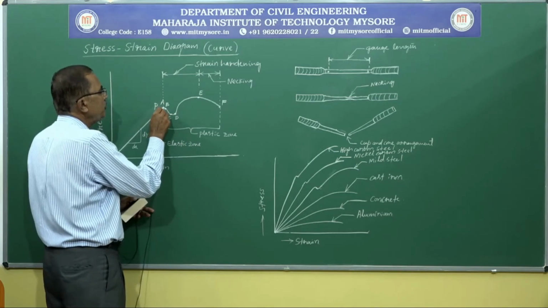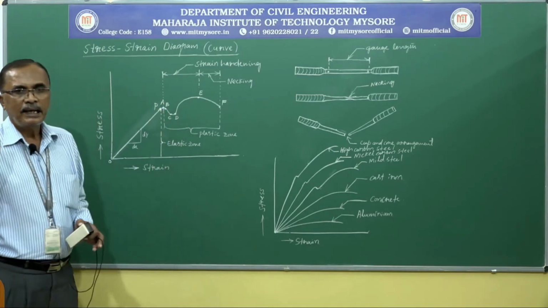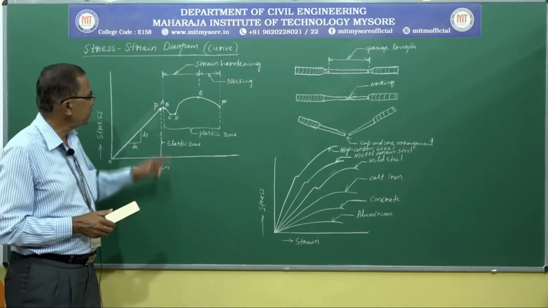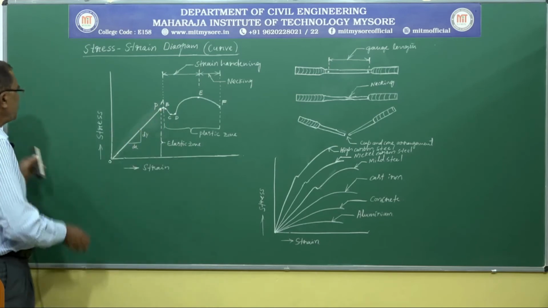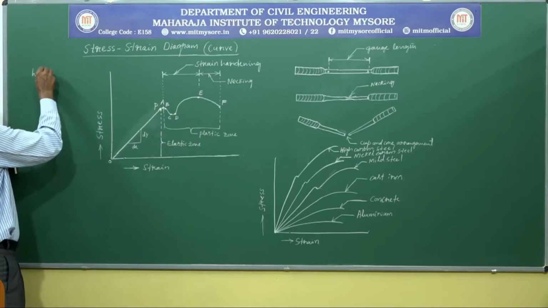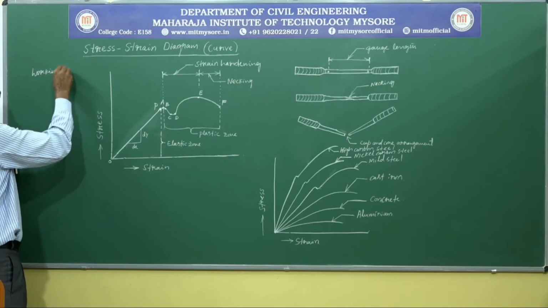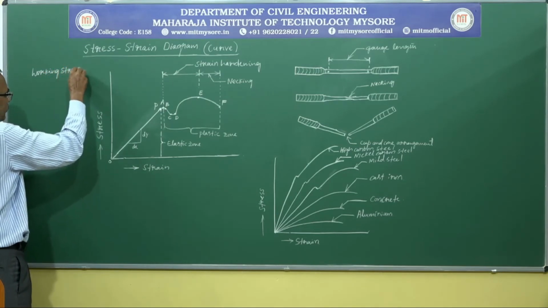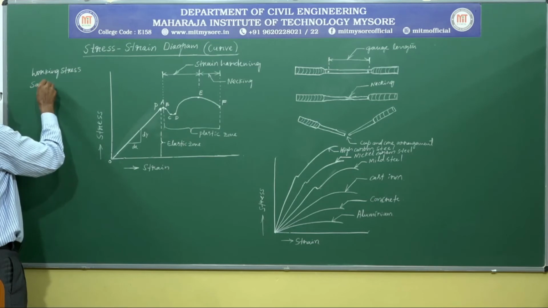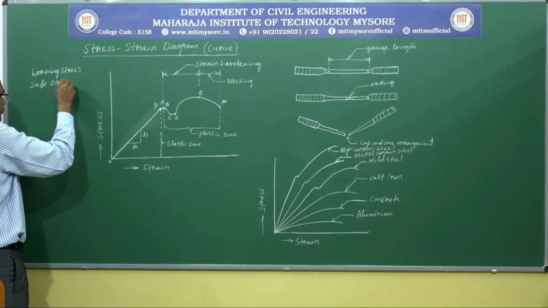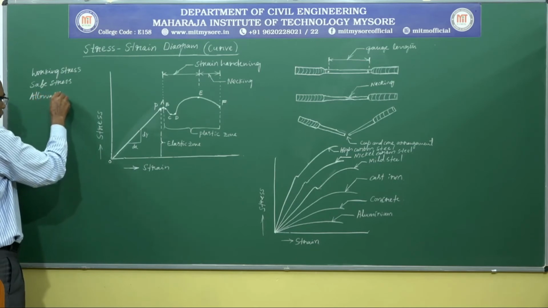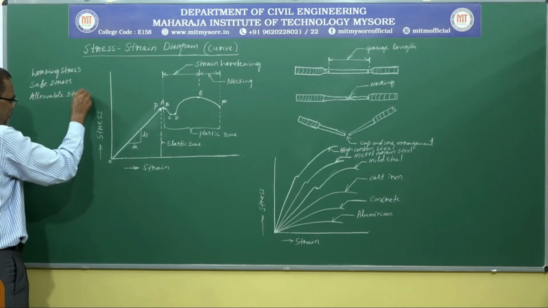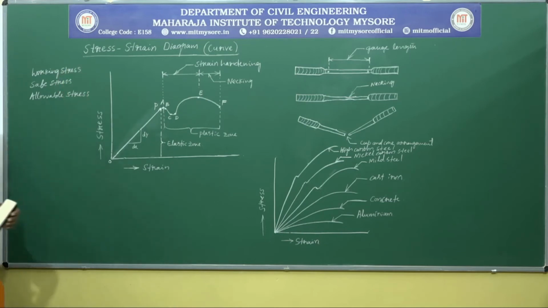The stress corresponding to P is known as the elastic limit, and the stress corresponding to this P is also known as the working stress, safe stress, allowable stress, and so on. It is called the working stress.